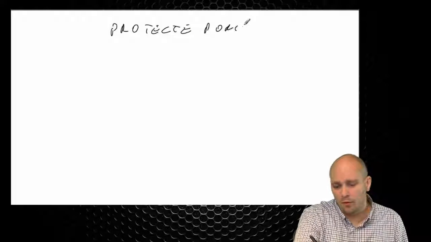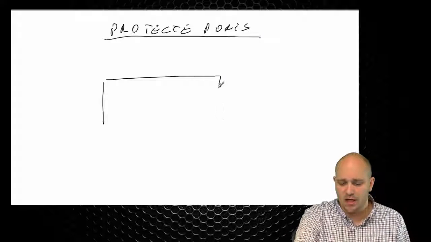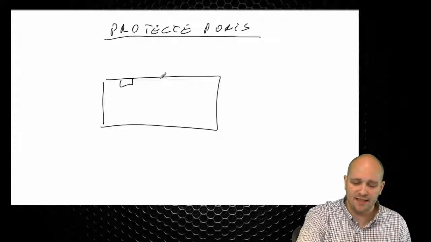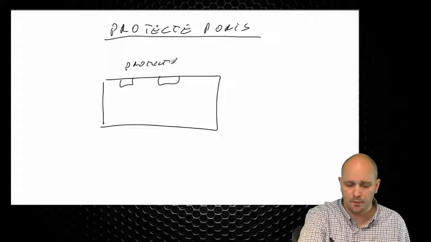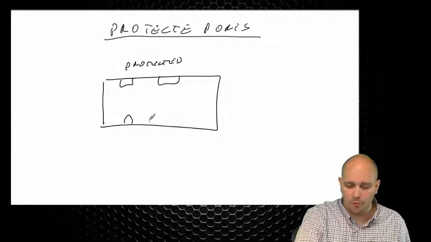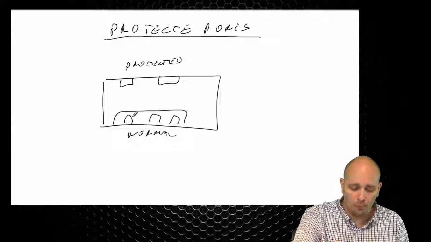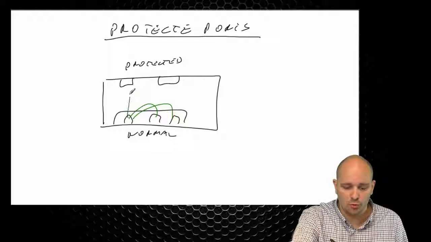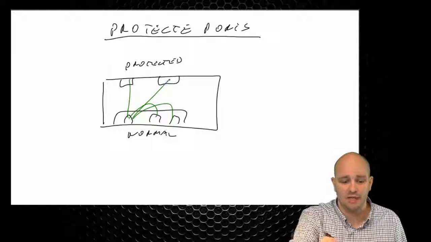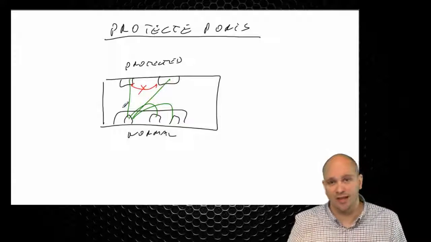With protected ports, on a single switch, we could designate certain ports inside the VLAN to be protected, and other ports would be just normal ports. So let's say that these here were normal ports. Normal ports could communicate with each other, and normal ports could communicate with protected ports. However, traffic between the protected ports was not allowed.